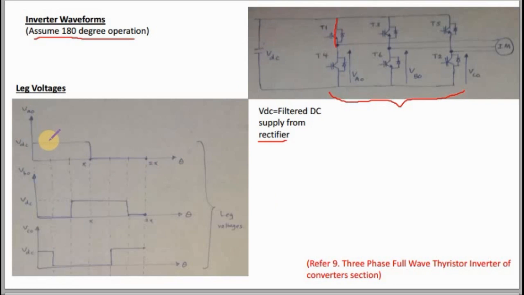For AO you will be having this VAO. For 180 degrees you have VAO is equal to VDC.